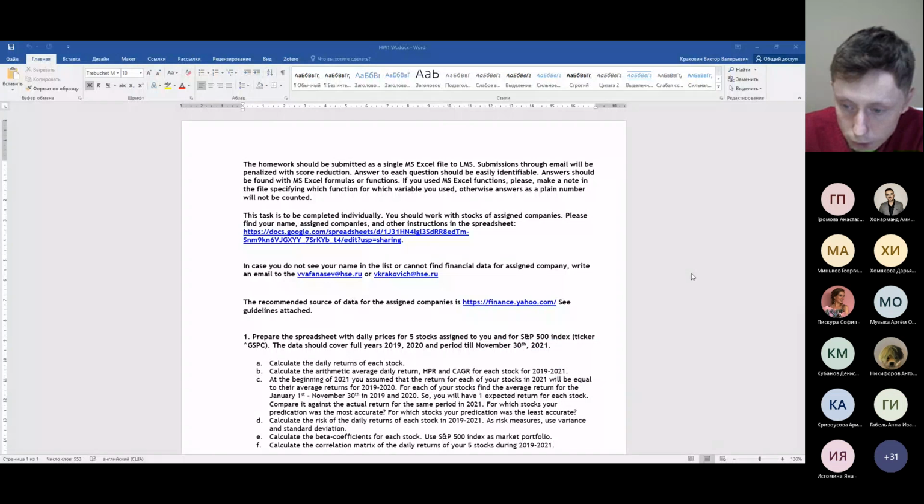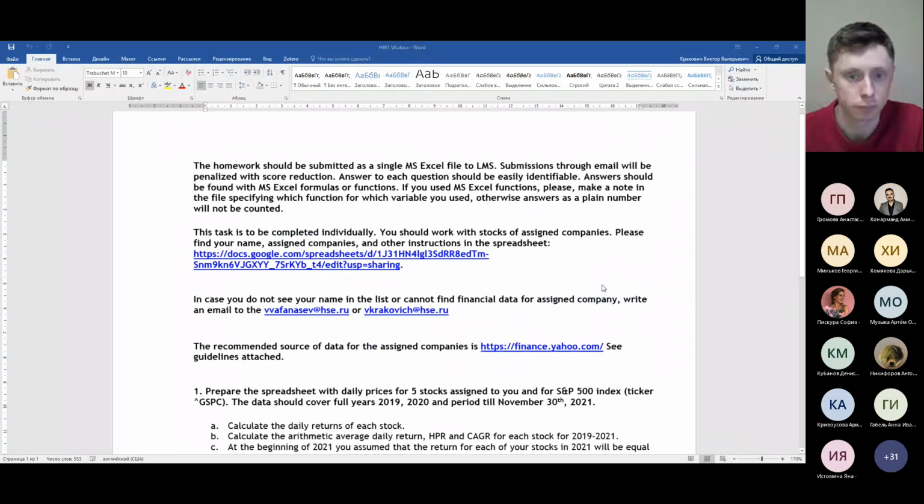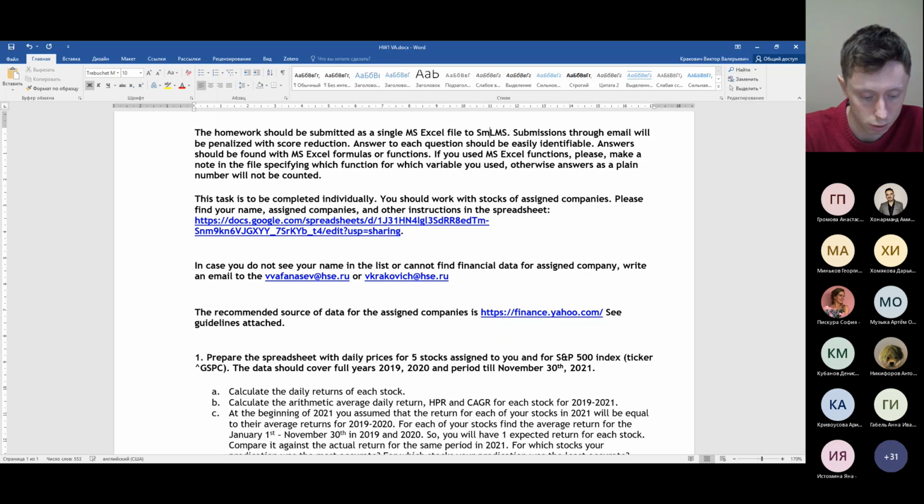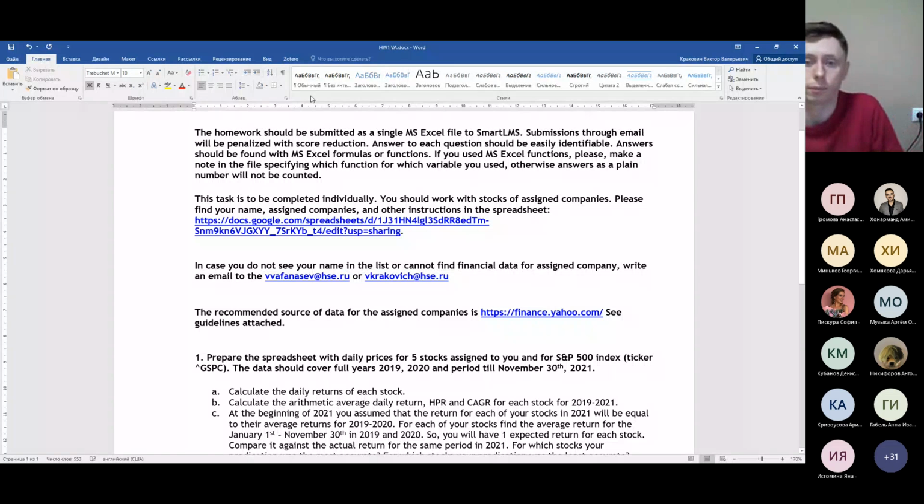Here it is. This is the homework. We will use the Smart LMS system, our platform that we work with, where we would ask you to upload your Excel spreadsheets with the answers to the assignments that we offer to you.